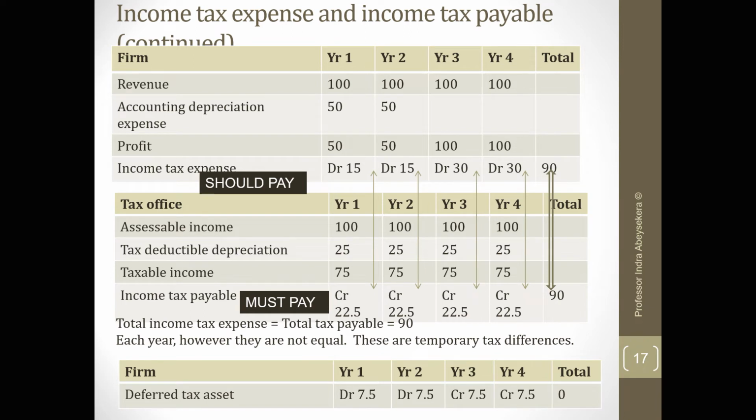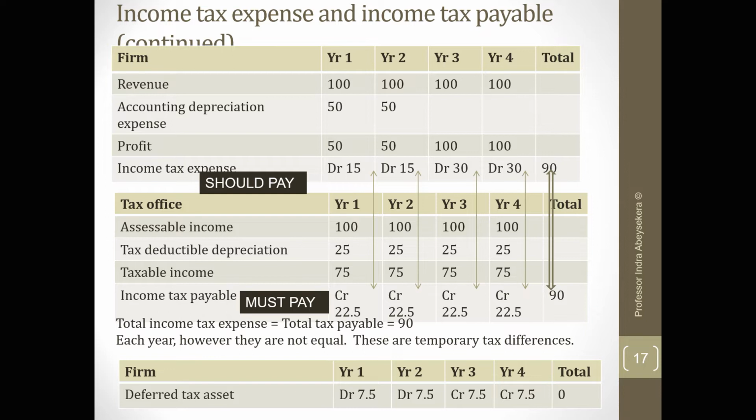So we can see here, if you look at 4 years, there's income tax expense that we can calculate based on the profit that we come up with. In the first top part, we are shown the accounting side of it, and the second part shows the tax side of it.